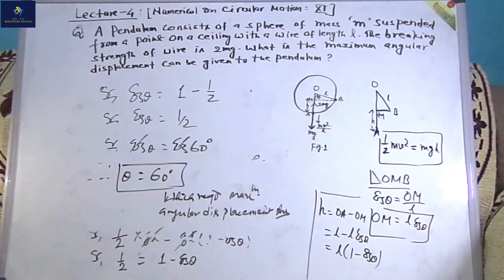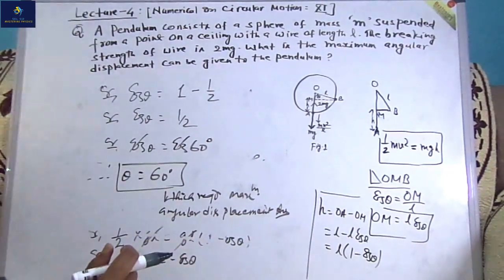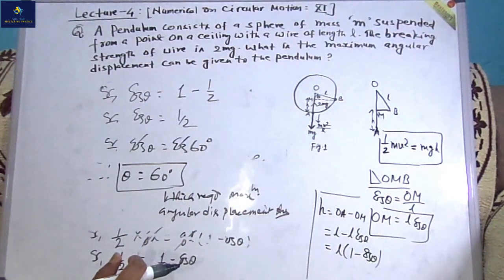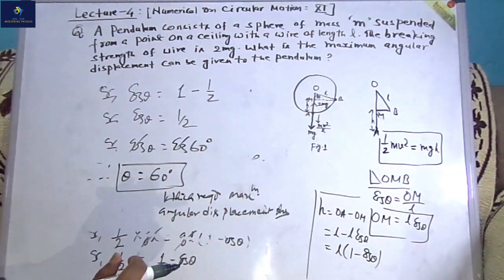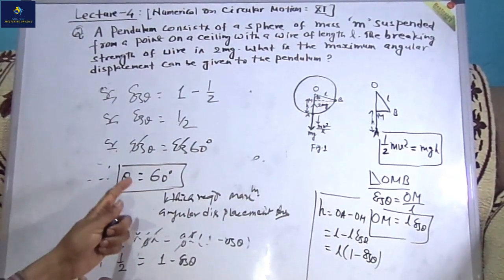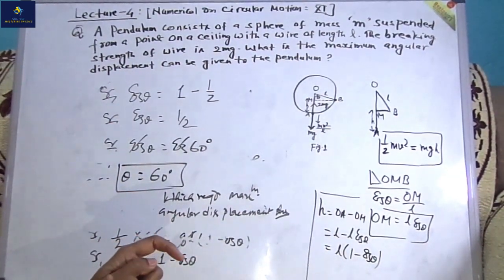Then we found the value of H it gains as it moves from the point A to the point B, and put the value of H, and after mathematical manipulation we can easily find this value. In this way we can find the value of theta, the maximum angular displacement that we can give as it moves from the point A to the point B.